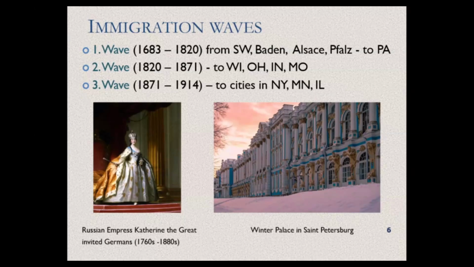They would also serve as a bumper against Turks and Tatars, and she would give them securities: you can work the land, you can build villages, you can have schools in the German language, you don't need to go to military. So she would give them various kinds of privileges.